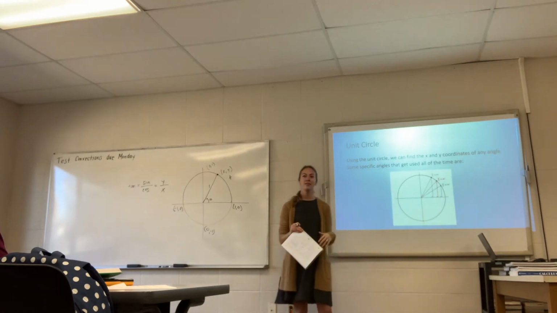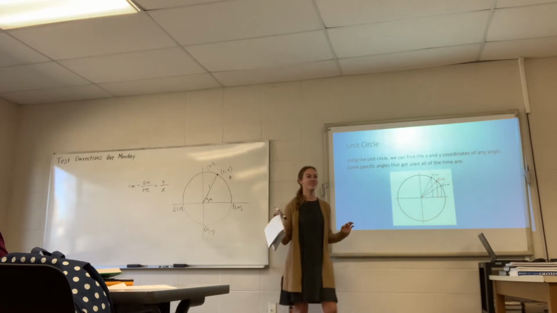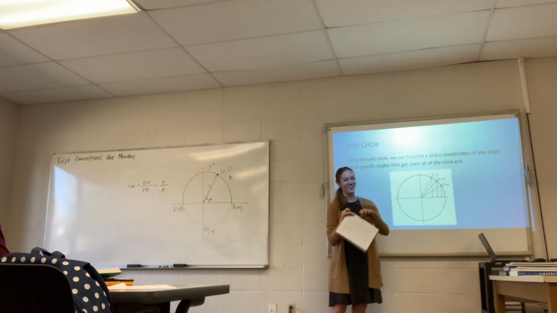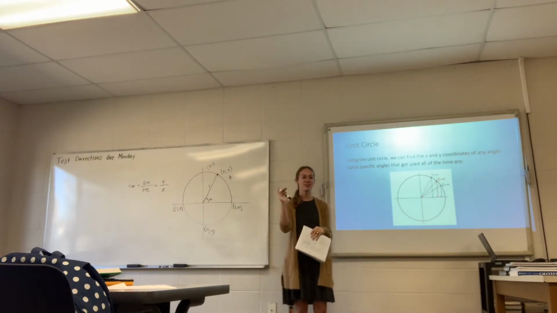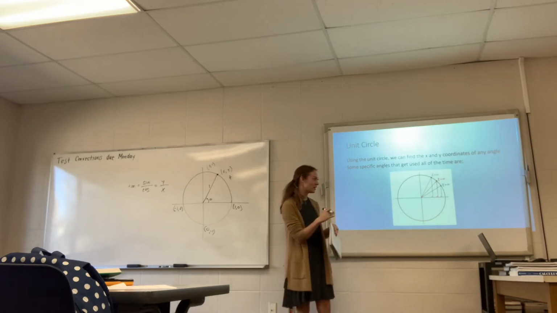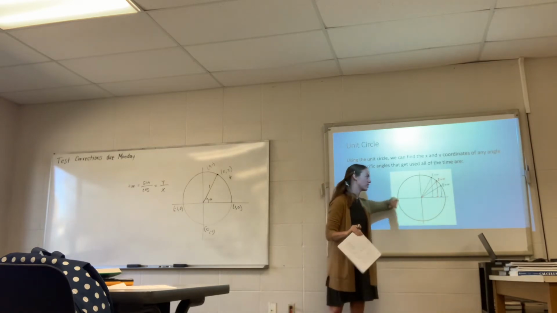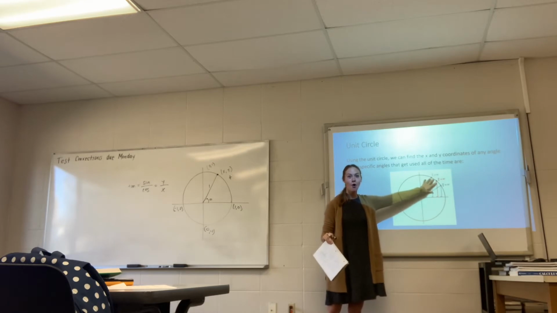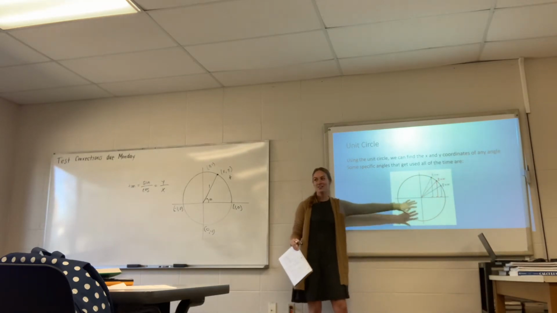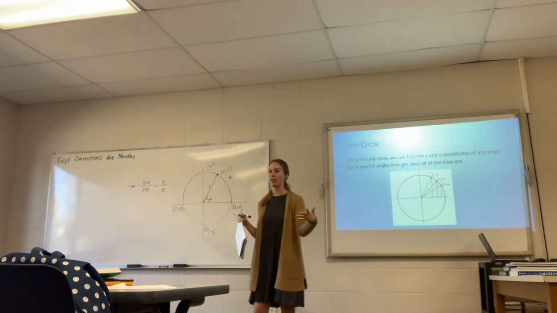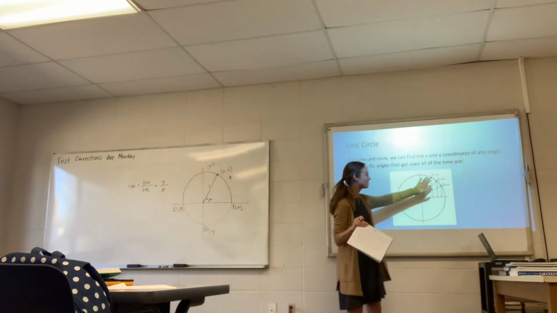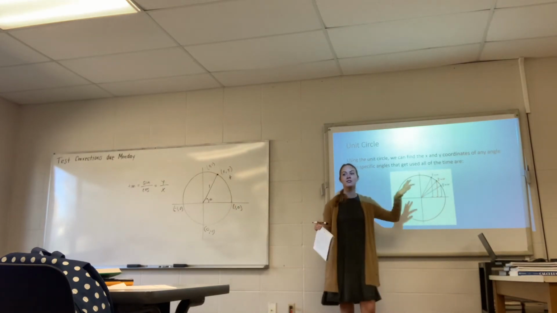Okay, so I know this is a lot, guys. But if you learn your sine and your cosine, and your radians and your degrees for the first quadrant, all you have to do is make them negative in different quadrants, and we'll talk about that, okay? So really you just have to memorize the first quadrant and you'll know the rest of the circle.